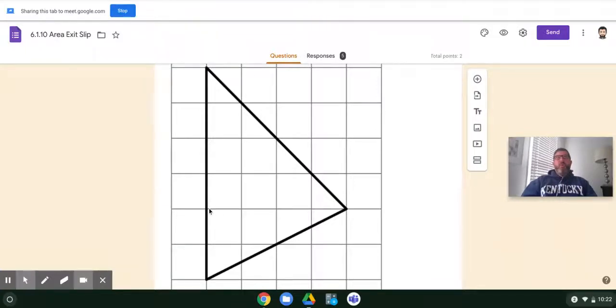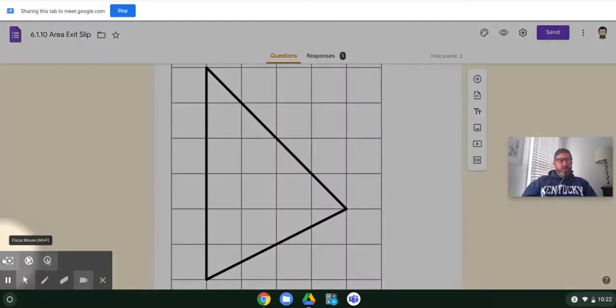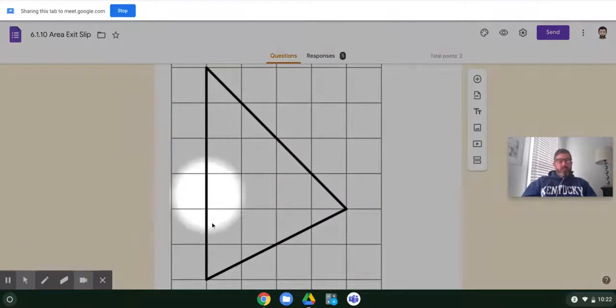We have to draw a perpendicular line from our base to the opposite corner, or the opposite vertex. So if we know this is our base, we have to go to the opposite side to draw our line to the opposite vertex, which lies right there.